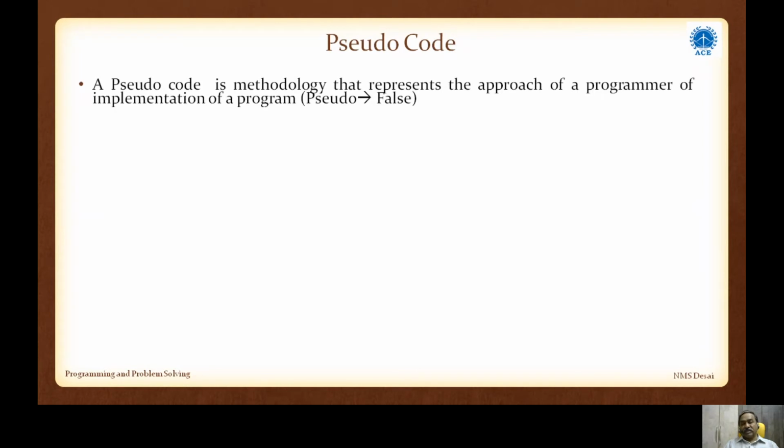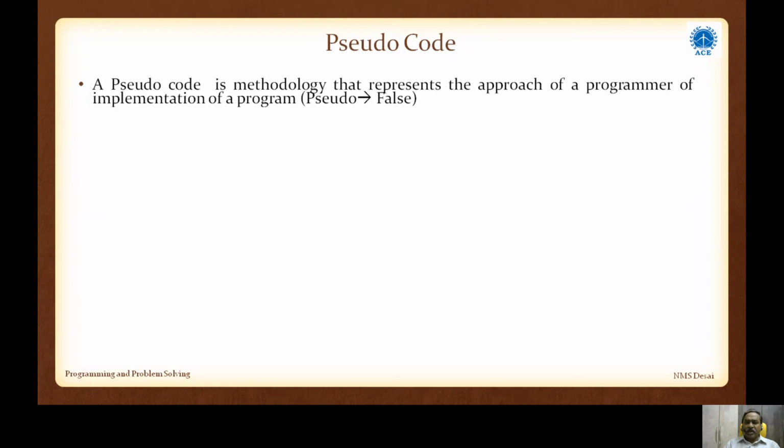Pseudo means false. It is a code, but not a code to be implemented in a programming language, so we call it pseudo, a false code, right? It is independent of any representation. Flowchart has certain standards. Algorithm has certain standards.